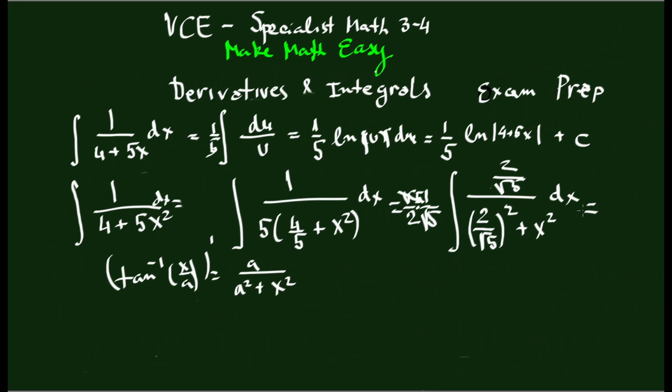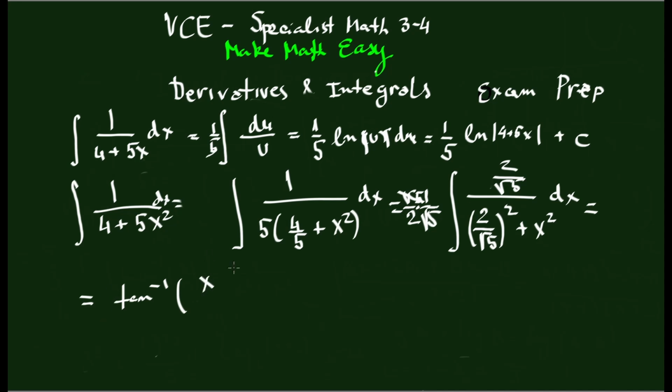So what that becomes, now we can say that's our arctangents, tangents to the power -1. So it becomes tangents to the power -1 of x. And what's in the front?